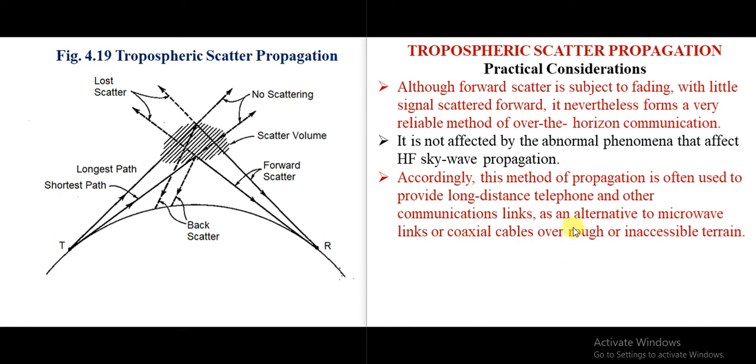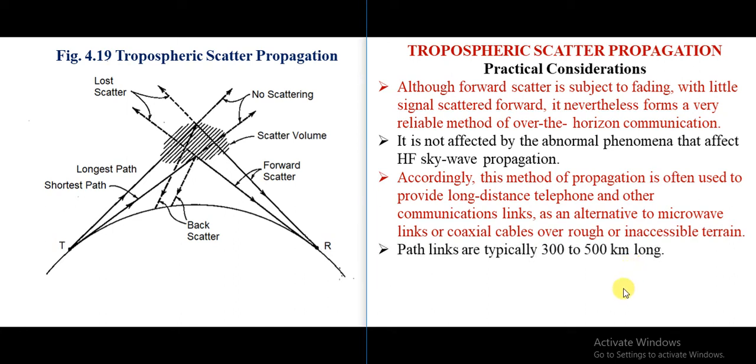So it is just an alternative to a microwave link or a coaxial cable where there are inaccessible terrains, the places where it is difficult to establish a coaxial or microwave link. This tropospheric scatter propagation can be utilized.